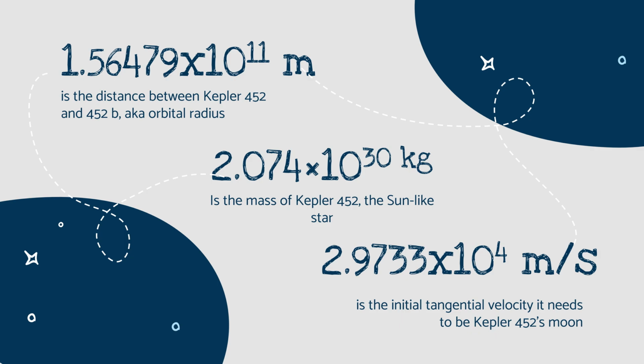And the initial tangential velocity for it to be Kepler 452's moon is not too much. And they are all going to be used in the later calculation that is more detailed and thorough for sure.